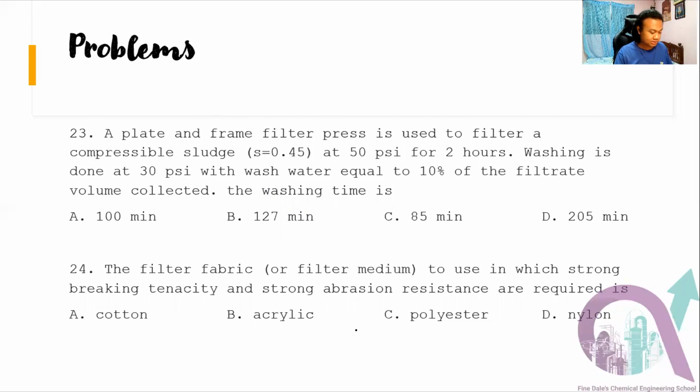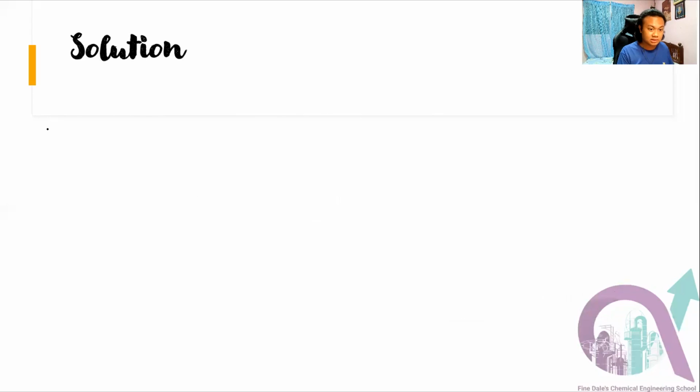Okay, so number 23, this is actually the same, no? The first part is actually the same as before. It's 1/8 of the rate of filtration. So you have 10% volume of filtrate.